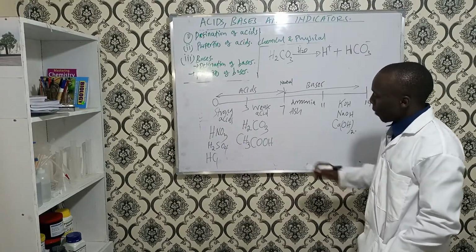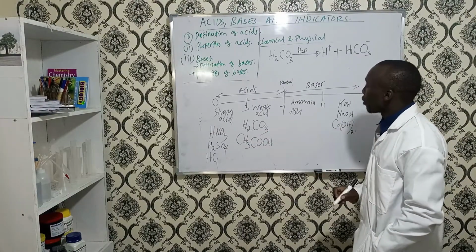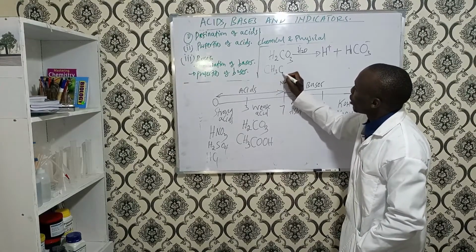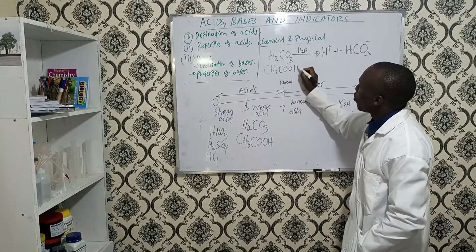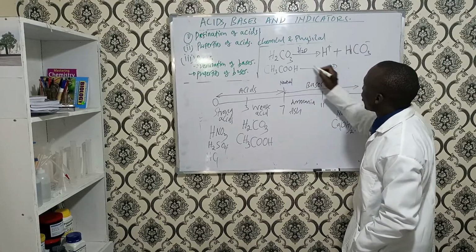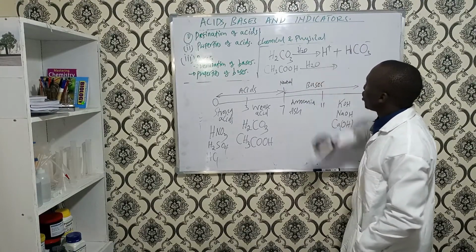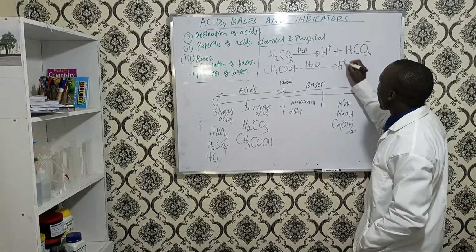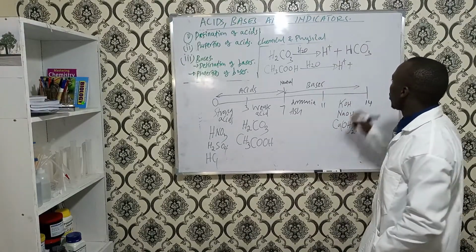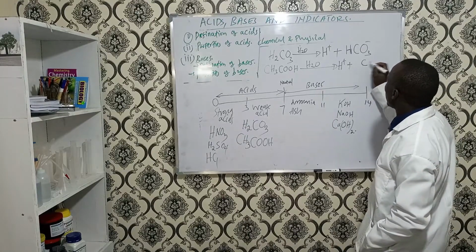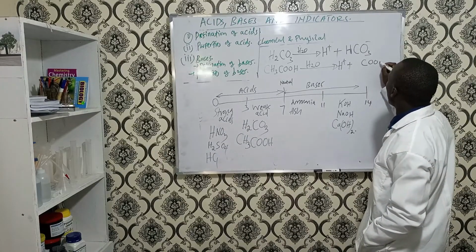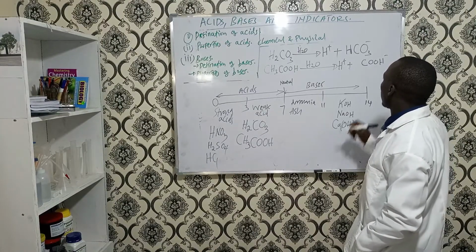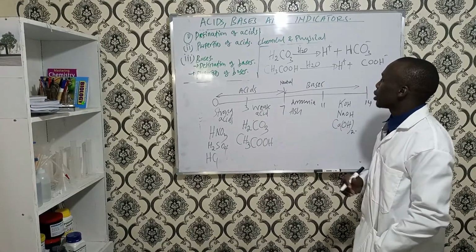The same happens to ethanoic acid. Ethanoic acid does not dissociate completely in water. So if you dissolve ethanoic acid in water, it undergoes partial dissociation to give us hydrogen ions and the ethanoate ion, which is the COOH ion. And because of that, there is incomplete dissociation.